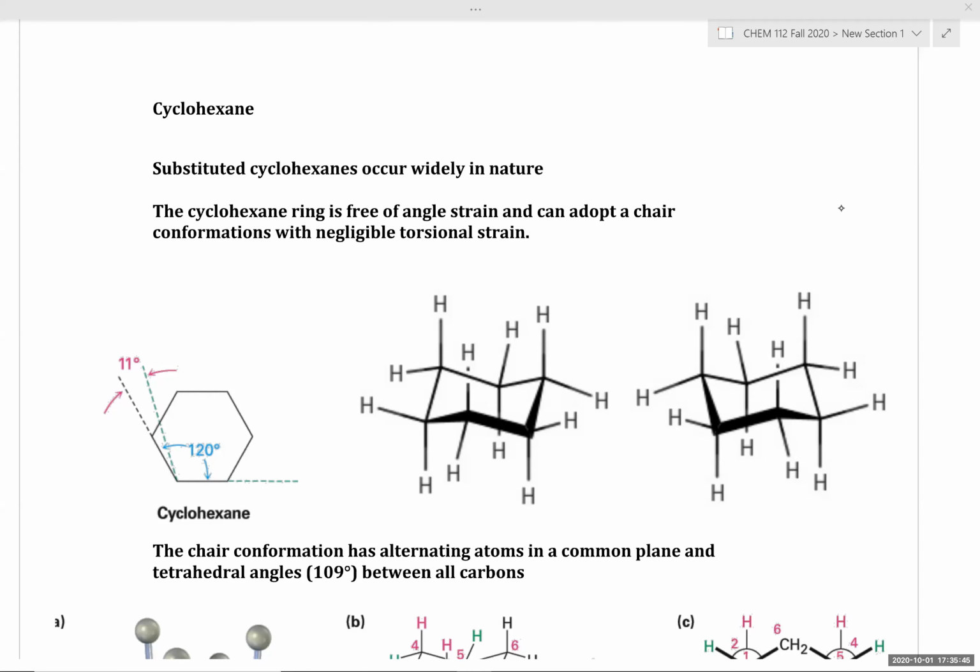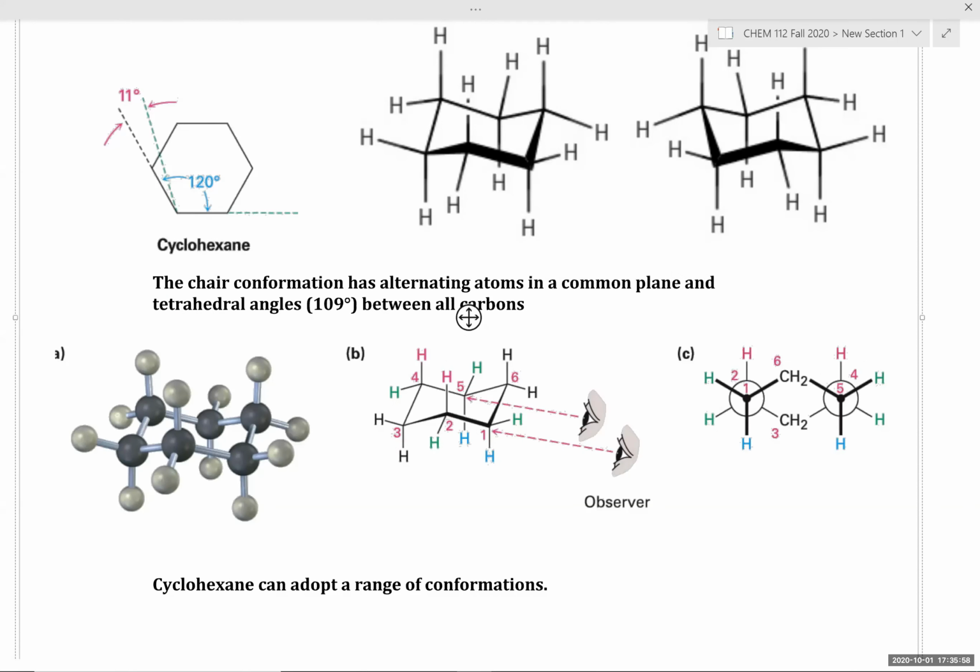The cyclohexane ring is free of angle strain and can adopt chair conformations with negligible torsional strain. A chair conformation has alternating carbon atoms in a common plane and tetrahedral angles between all carbons. So allow me to show you a sample chair conformation.